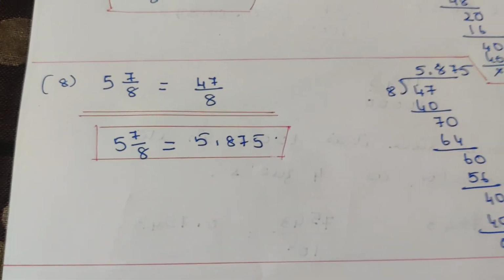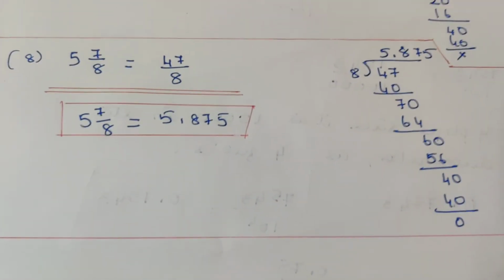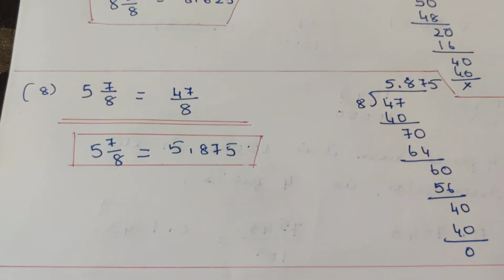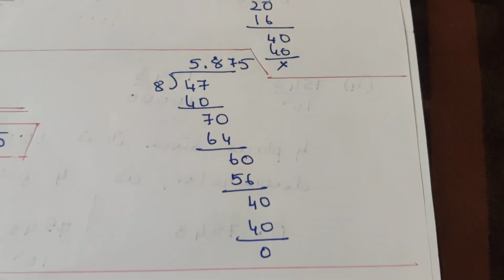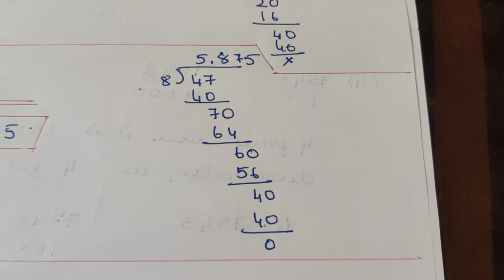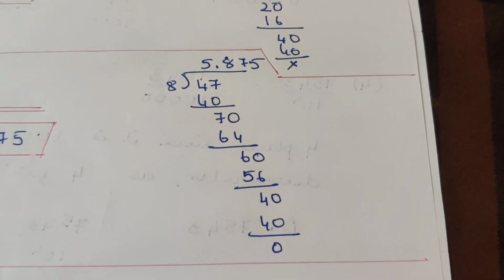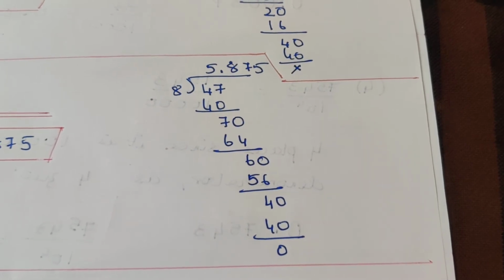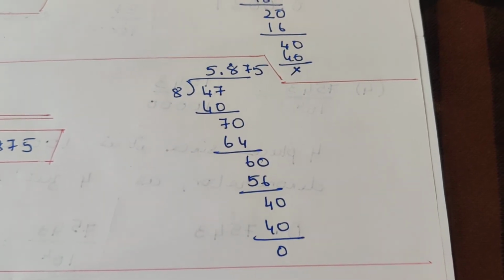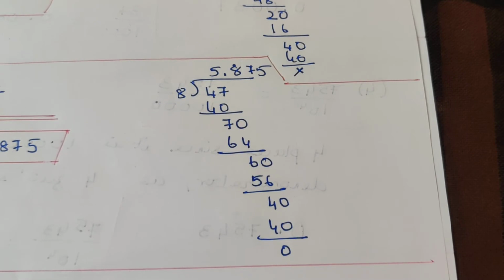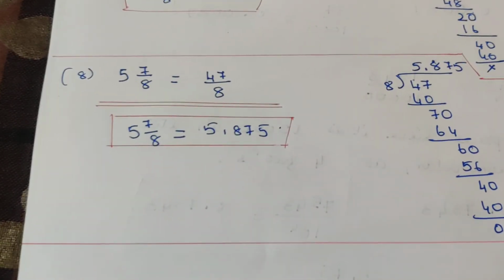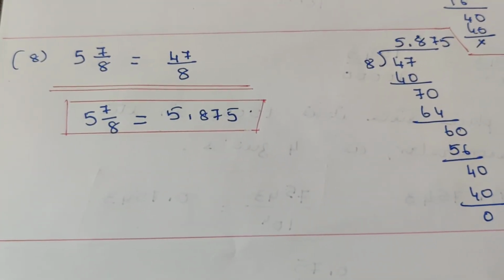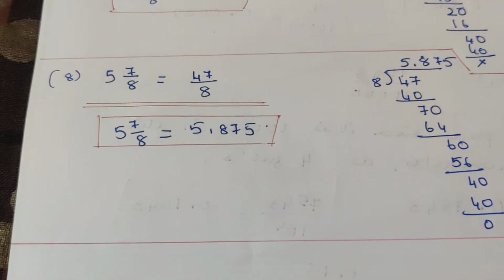The last one, 5 7 by 8, that is equal to 47 by 8 when you convert the mixed fraction. Please follow my division. And the answer is 5.875. Hope this is clear. So 5 7 by 8 is equal to 5.875.